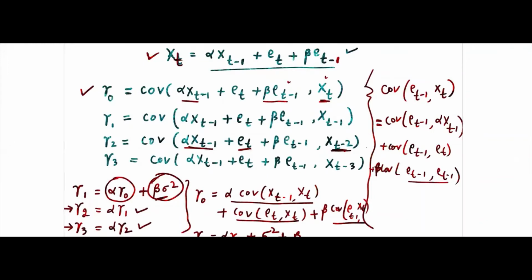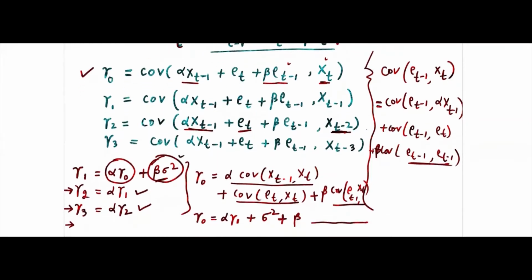So here you will get 1 for sure, et minus 1, that is beta sigma square. Let me write that one, beta sigma square. Plus here also if you find, this will not give you anything. Here also you will find 1 sigma square, xt minus 1, et minus 1.